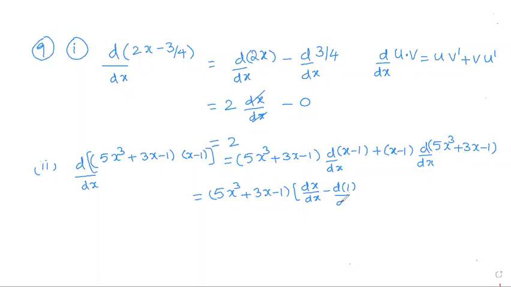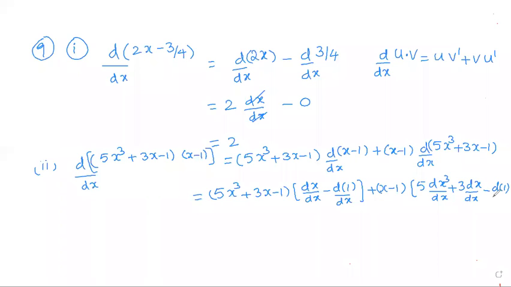With dx, 1 is a constant, derivative is 0, x minus 1. Plus, minus is separate: 5 coefficient outside, derivative of x cube with respect to x; 3 coefficient outside, derivative of x with dx; 1 constant, derivative is 0.